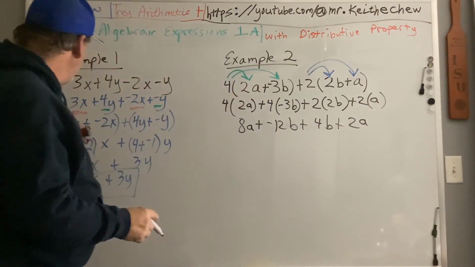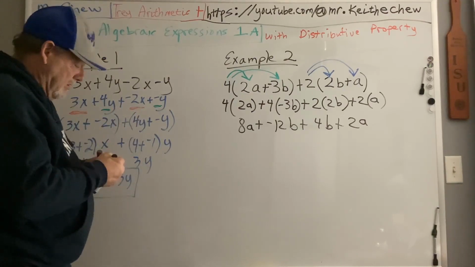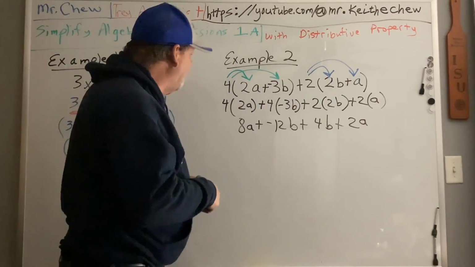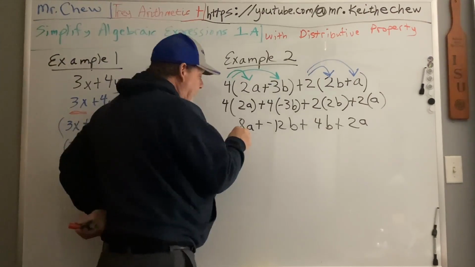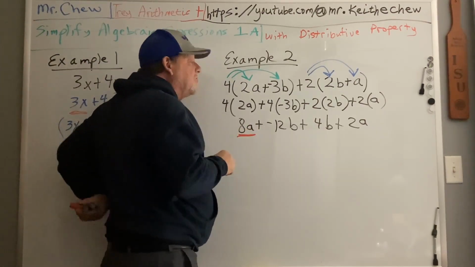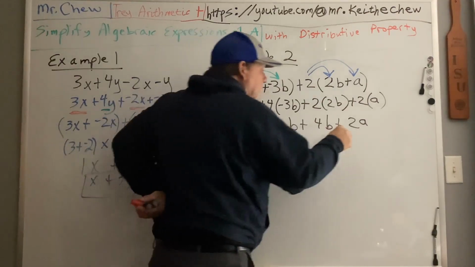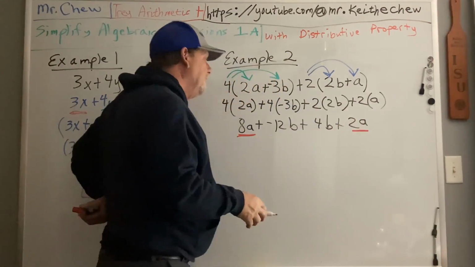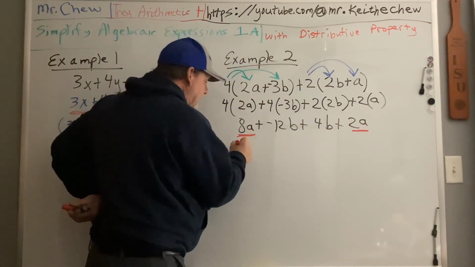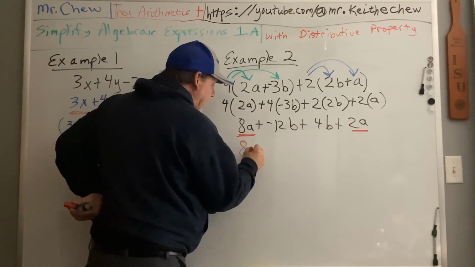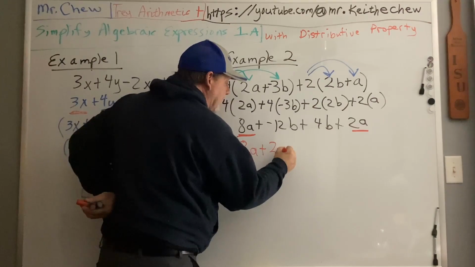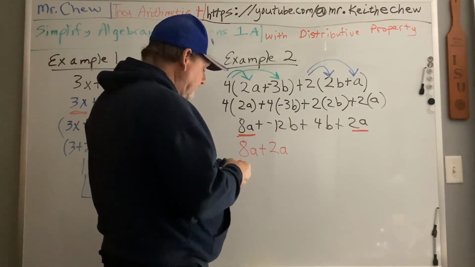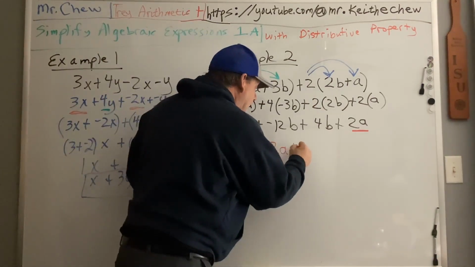Now we're going to do what we did in the earlier step. There are just several steps before we get to it. I'm going to take red and underline everything that has a term of just a in it. Those two. So I can write 8a plus 2a.